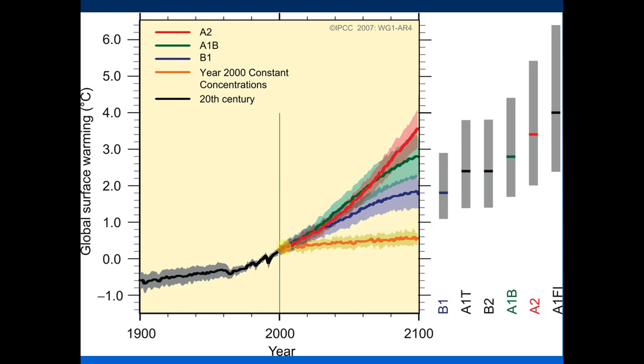How temperature will change in the 21st century according to different emission scenarios, and also constant concentrations. Let's say we kept global greenhouse gas emissions constant at 2000 levels. Temperature wouldn't really go up too much. But then what happens?